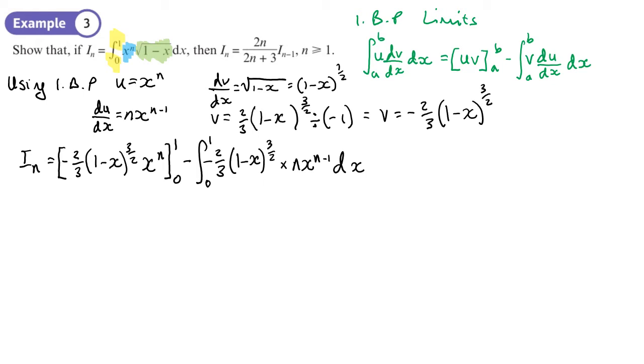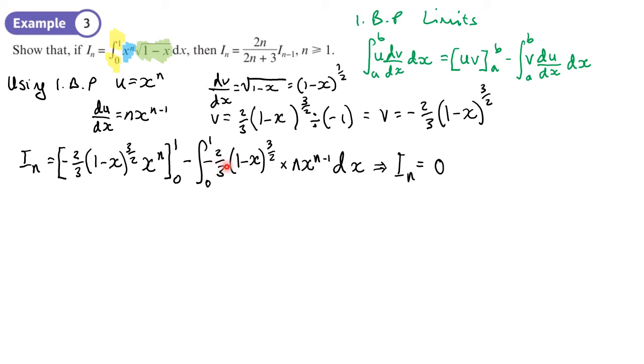Okay, so the first thing we're going to do is to put the limits into here. Now if I put 1 into this expression, this becomes 0, so the whole thing becomes 0. If I then put 0 into this expression, this becomes 0, so the whole thing becomes 0. So that first part, when I substitute the limits in, I just end up with 0.